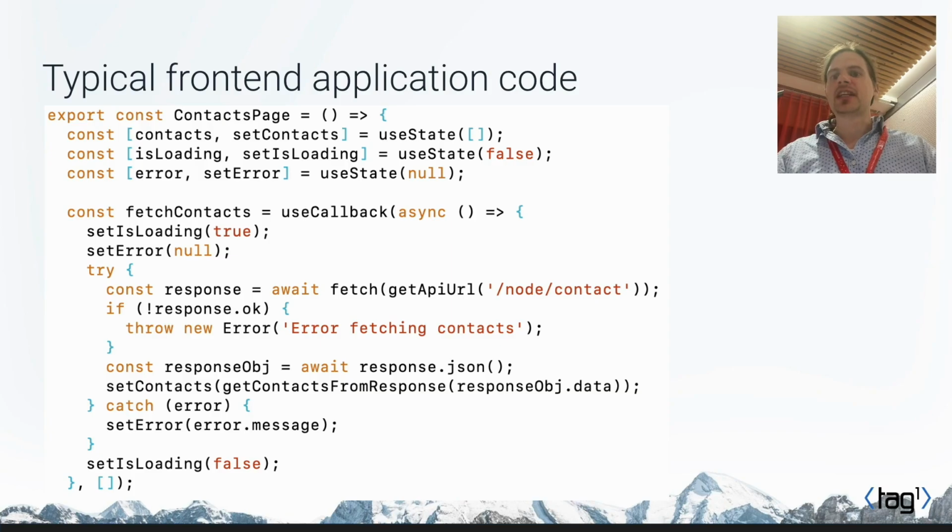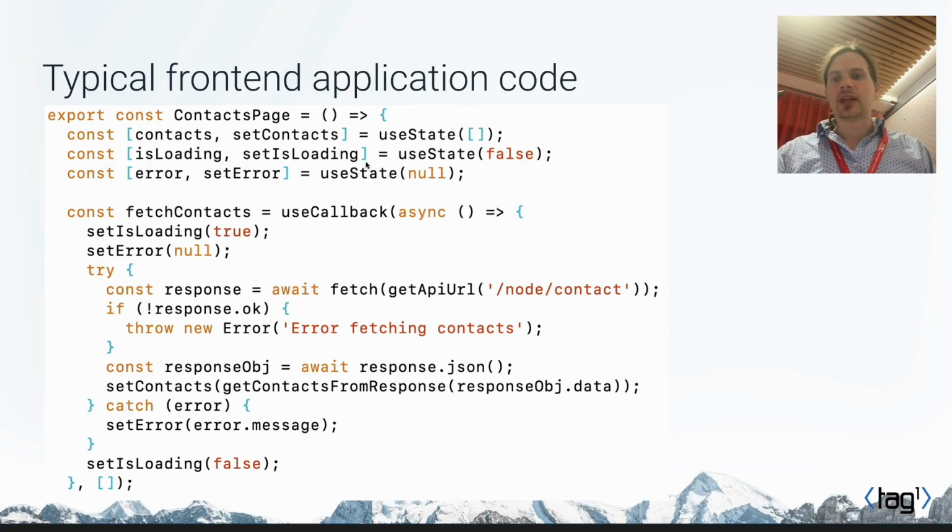Some typical front-end application code: we have a context page, context, set context, use state. Don't get overwhelmed, but that's essentially how a data loader works. We want to load some context, so we need some state for that. Then we need some state for whether it is currently loading, so we know which state we are in.